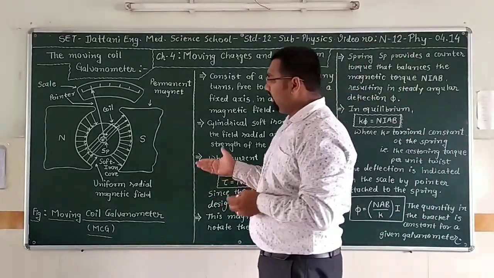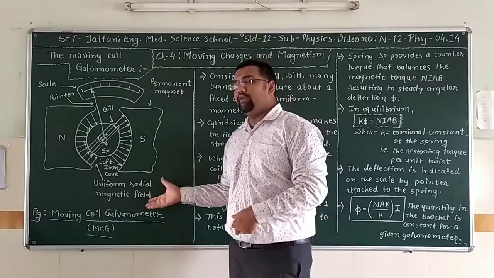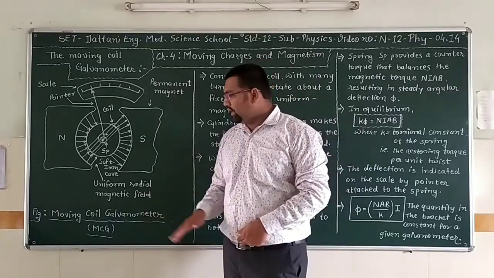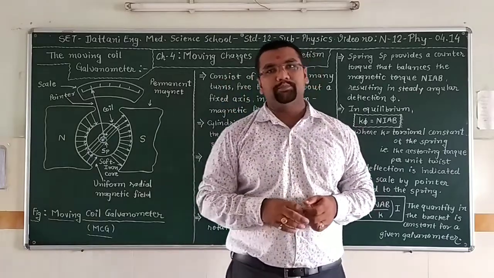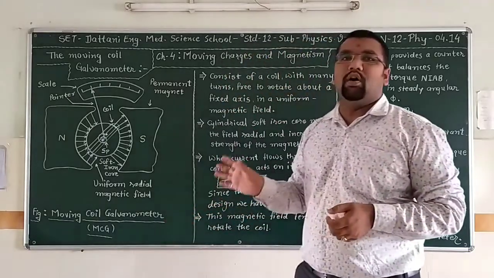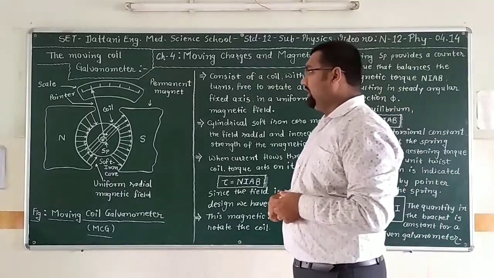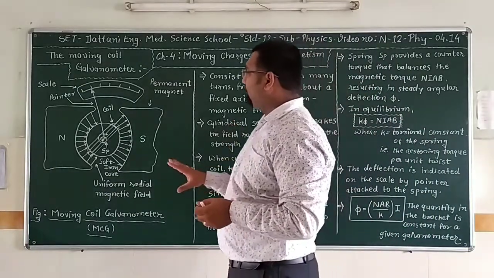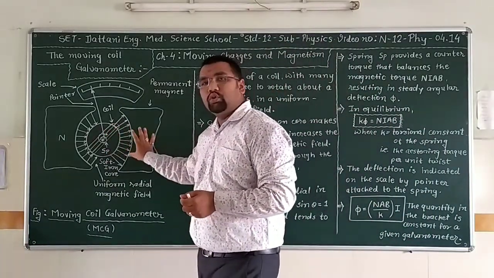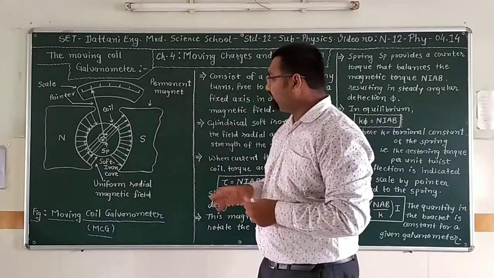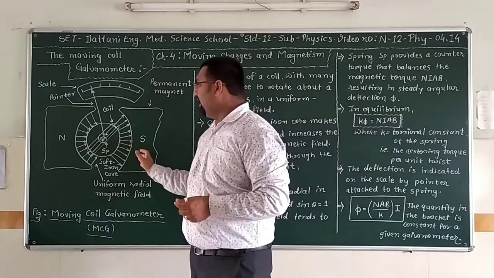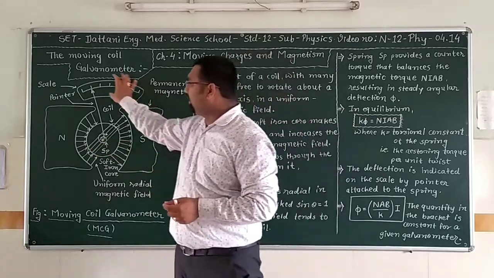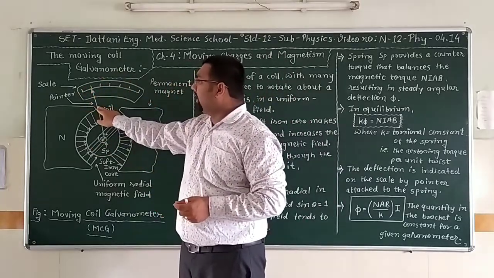galvanometer. So this is the figure of a moving coil galvanometer. In short, we can call it MCG. We can see in the figure that we have a uniform radial magnetic field, and this is our scale, this is the pointer.